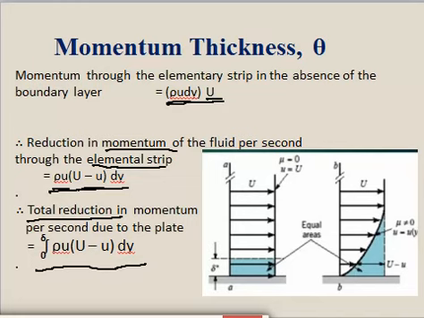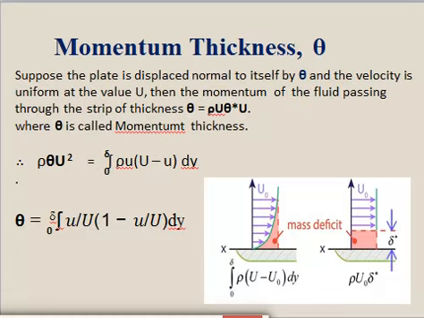Now if the boundary layer had been absent, the total mass flow rate flowing through that area could have been ρ U θ, and to find the momentum we multiply it with the velocity capital U. The total momentum could have been ρ θ U². Here θ represents the momentum thickness as per our definition.